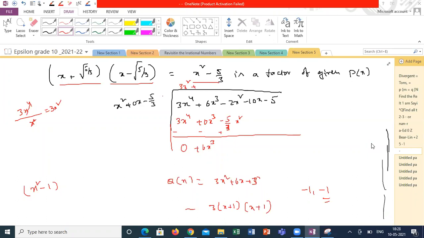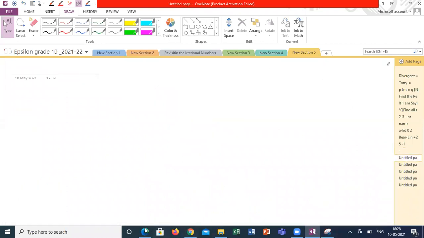Anyone else got the same answer, or shall I solve it here? Sir, minus 1 and minus 1 are the other zeros. Yeah. Other than this, we have only 2 more numericals left.